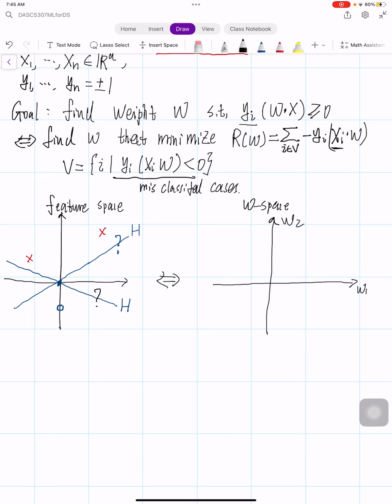Actually, to solve this minimization problem, the idea is we can find a dual problem, which is equivalent to finding omega in the omega space.